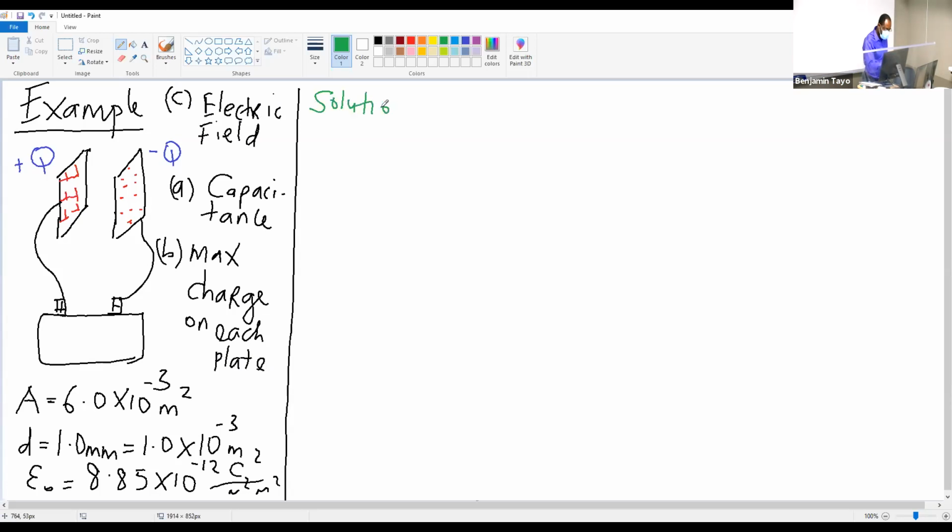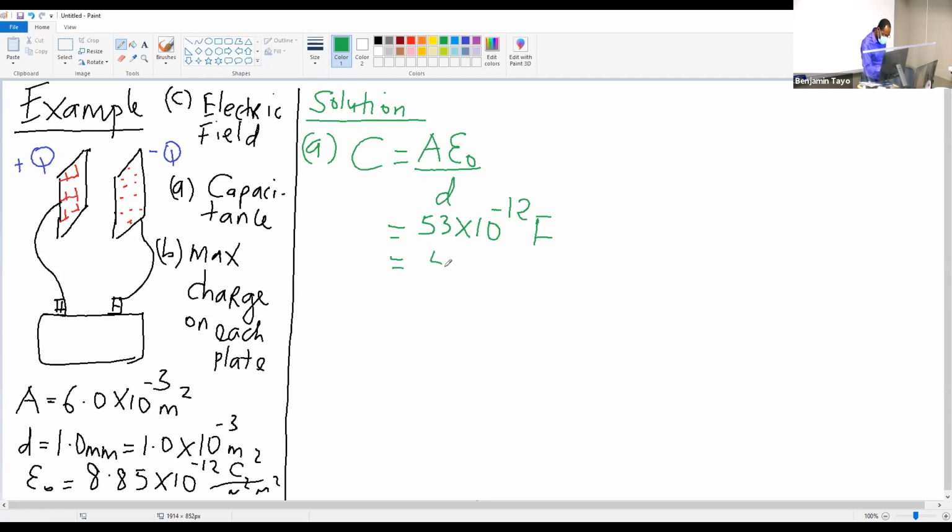So for part A, the capacitance of the parallel plate is just given by this equation here. So it's A epsilon naught divided by d. If I substitute everything, I get 53 times 10 to the negative 12 farads, which I can write as 53 pF.